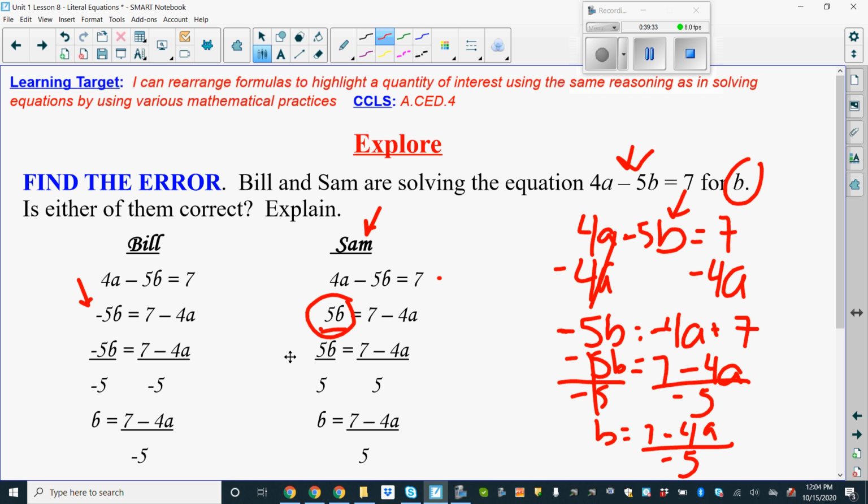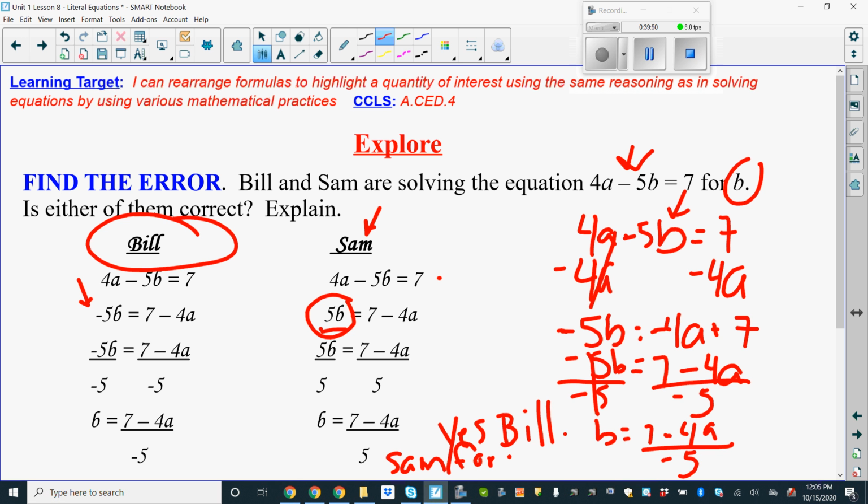So did any of them solve correctly? Yes, Bill did. So yes, Bill. Sam forgot the negative sign.